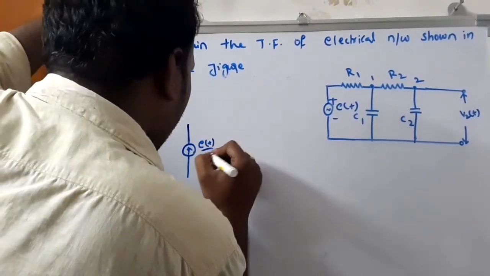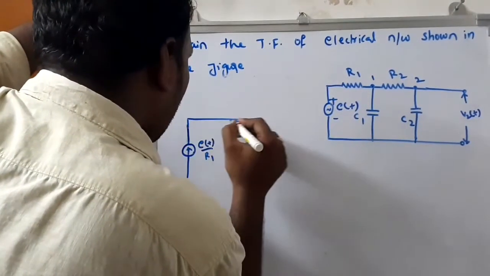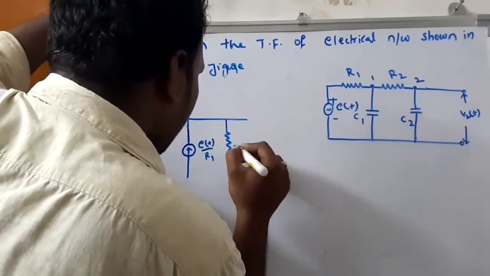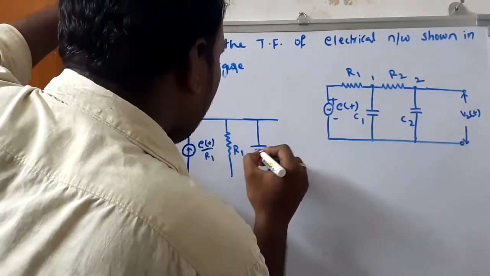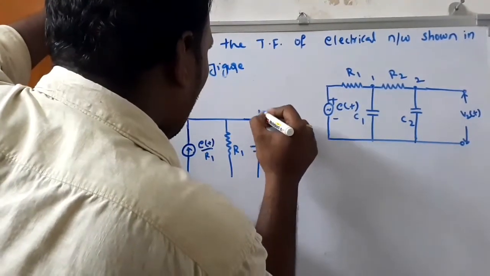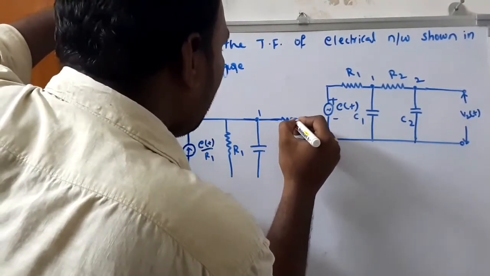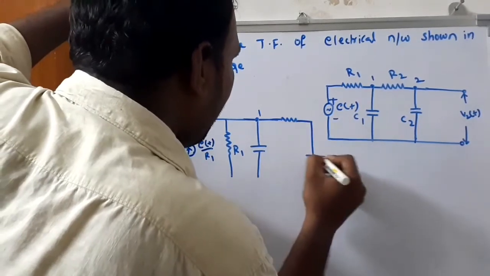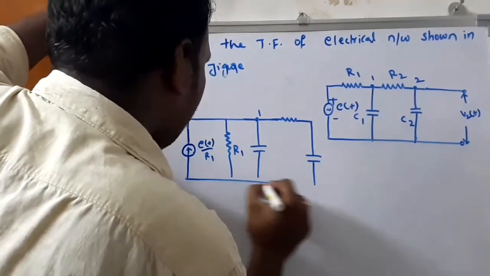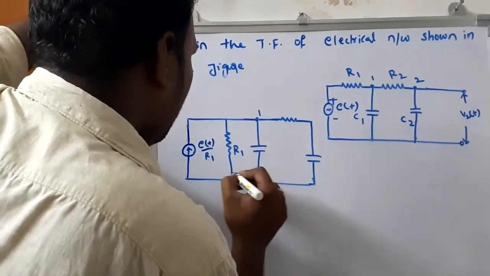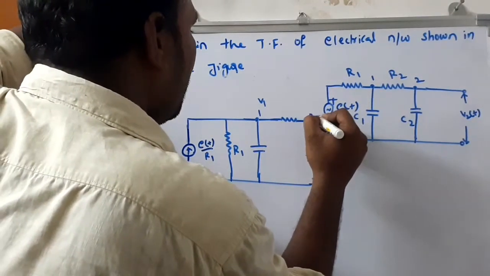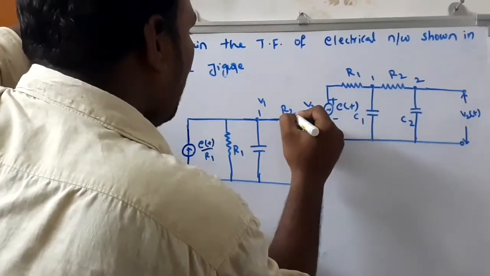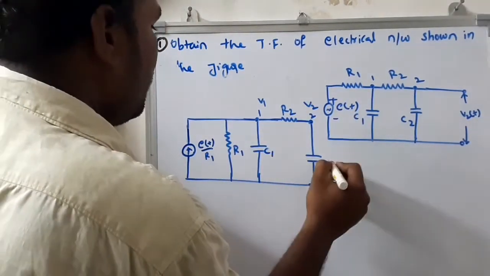E of t by R1 as the current source, a resistor R1 here, a capacitor C1, another resistor R2 and a capacitor C2. See here clearly, this is V1, the voltage at node 1, and this is node 2, V2, with R2, R1, C1, C2.